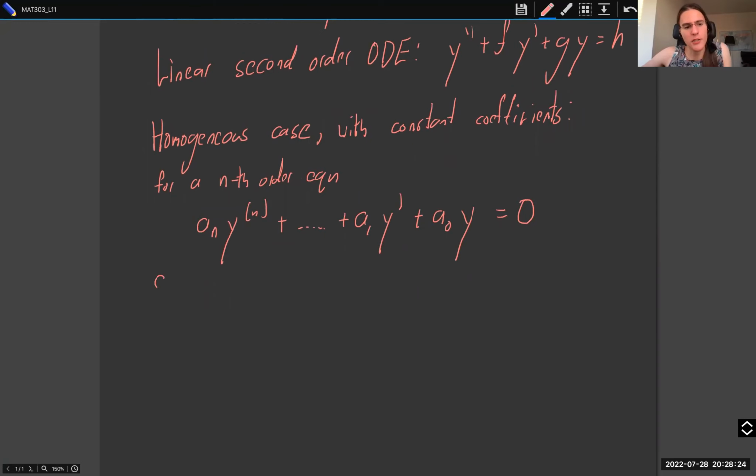We're going to use the ansatz that y is equal to e to the t x. It's confusing because now t is a parameter. So you know what, I'll say e to the lambda x.